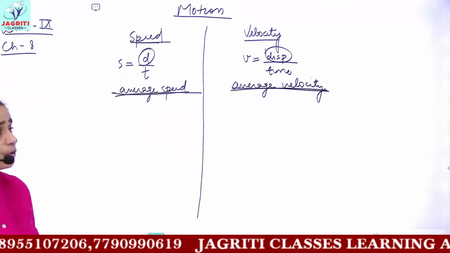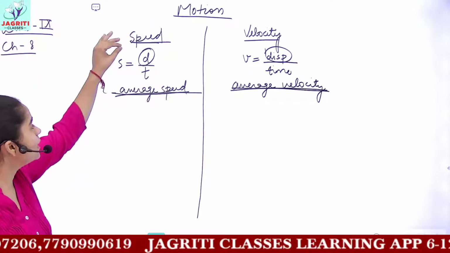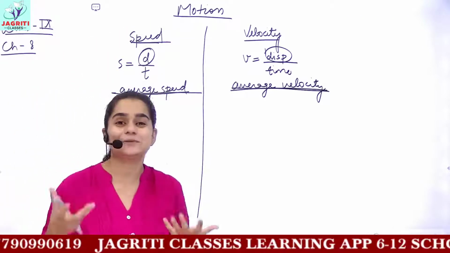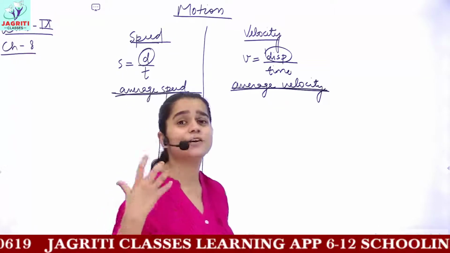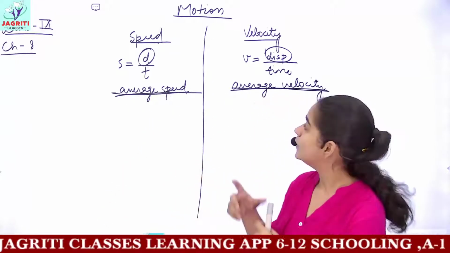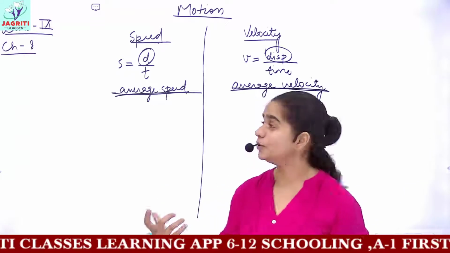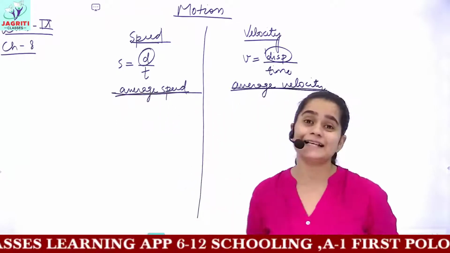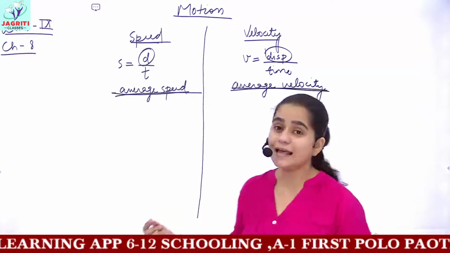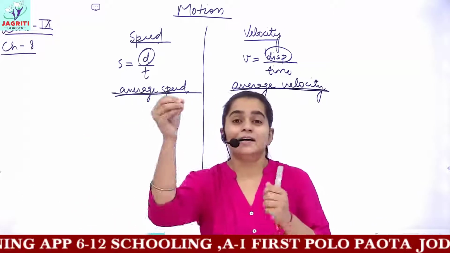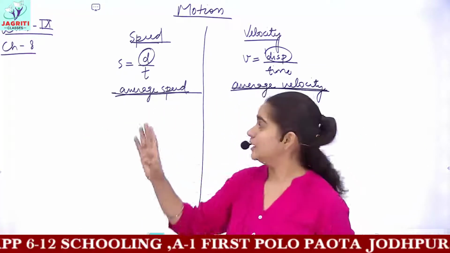So when do you require to calculate speed, and then when do you require to calculate average speed? This remains a confusion in the minds of students, that in the question you will not be told everywhere to calculate its average speed. It would just be given that a particle covers x distance in y time, then find speed.